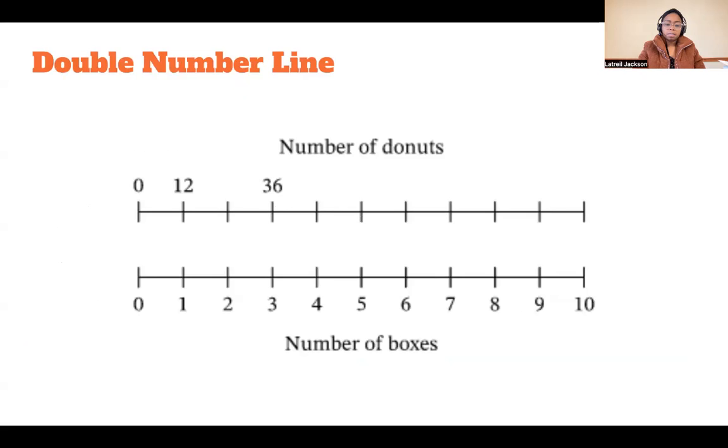The bottom number of boxes number line has an increment of 1, so it increases by 1. However, the number of donuts number line increases by 12. So this set of numbers here is our base ratio, and everything is going to be based on that.